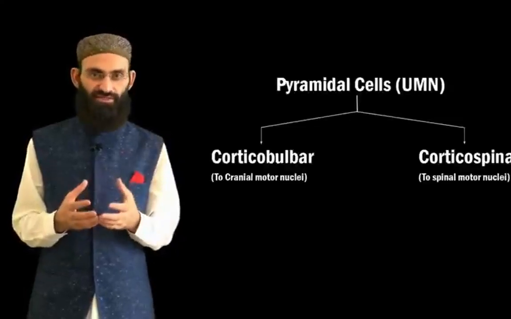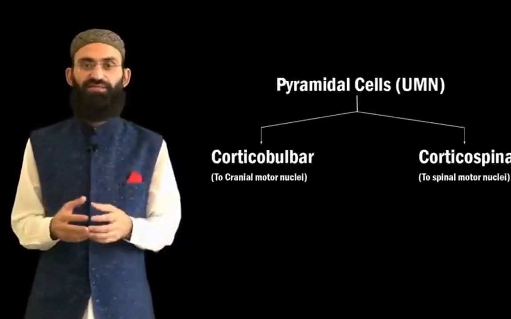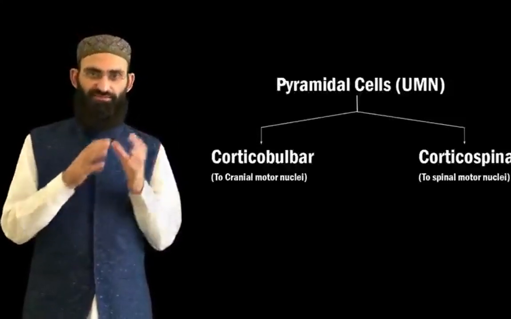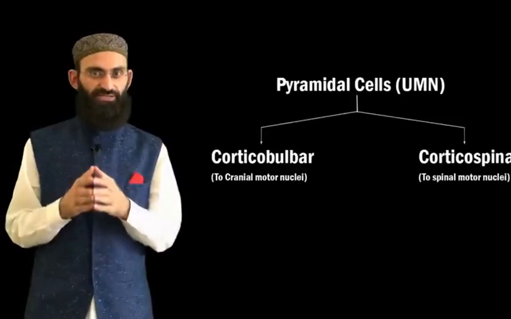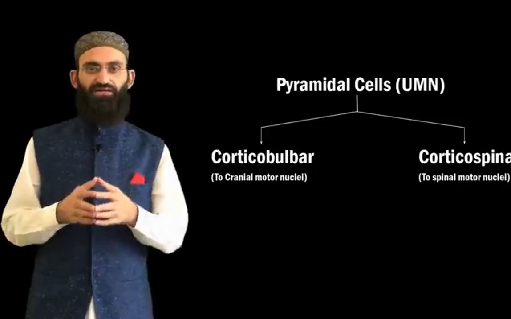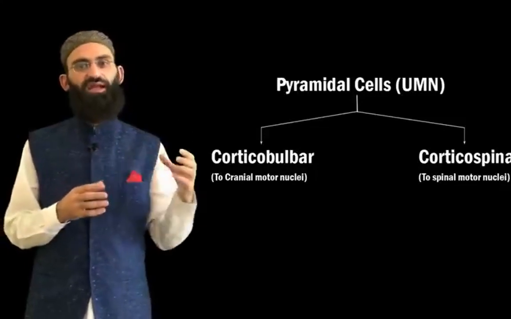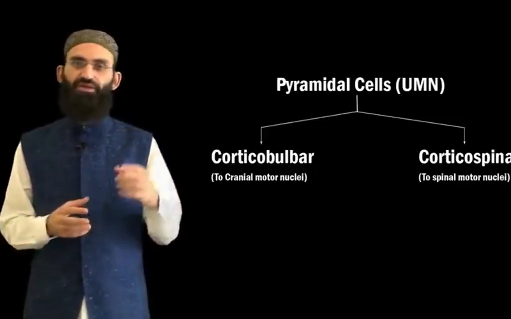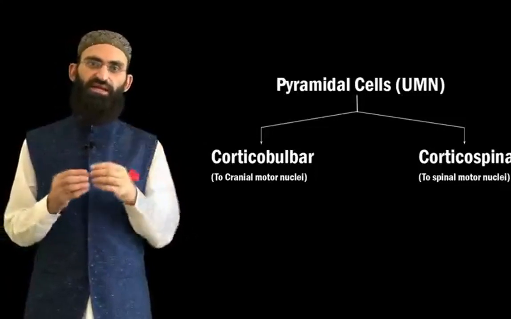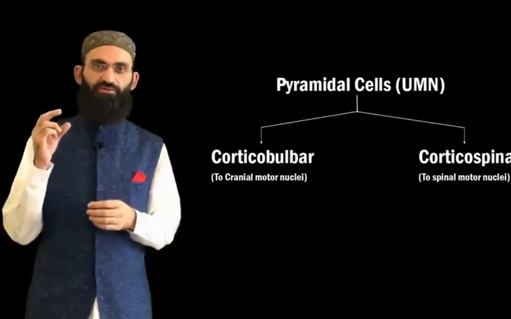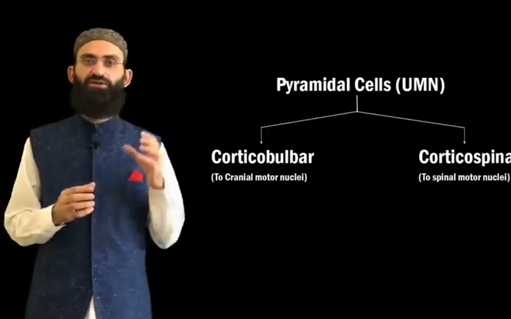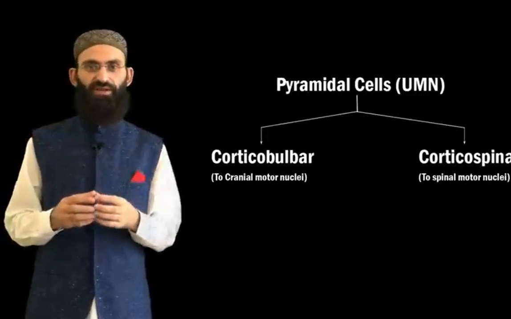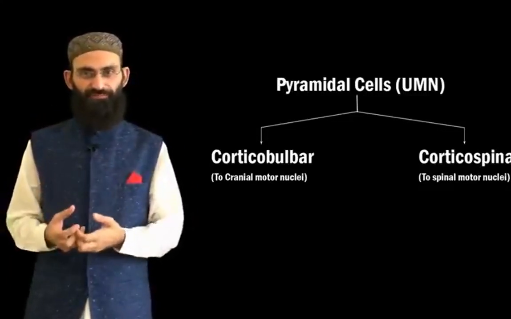As you know, pyramidal cells of the cerebral cortex are the upper motor neurons, and their axons make two important descending tracts: the corticobulbar and corticospinal tracts. Corticobulbar fibers innervate cranial motor nuclei, while corticospinal fibers innervate spinal motor nuclei.